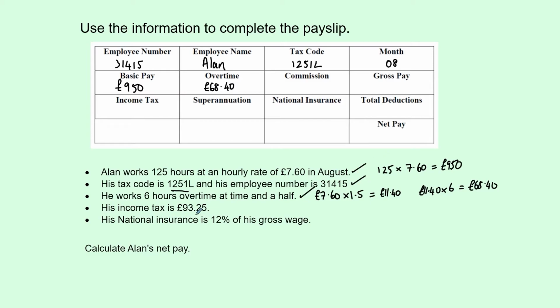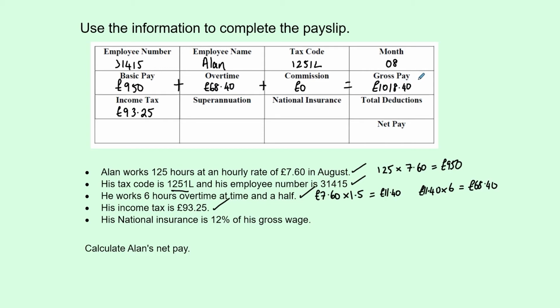His income tax is £93.25. We'll pop that in. His national insurance is 12% of his gross wage. So we're going to have to figure out what his gross wage is. He's not getting any commission here. Maybe he works a job where you don't get paid commission. Let's calculate his gross pay. That is adding these three together. £950 add on £68.40 gives you £1,018.40.